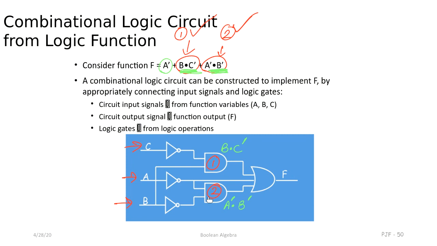Because for both A and B we are putting NOT gates, so it will invert the input and give it to the AND gate. So this is the output of the second AND gate. Now this is going into this OR gate, and this is also going into this OR gate. Both of these are going into this OR gate. The OR gate will simply add them.